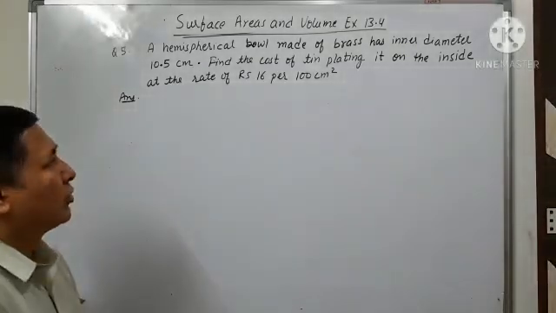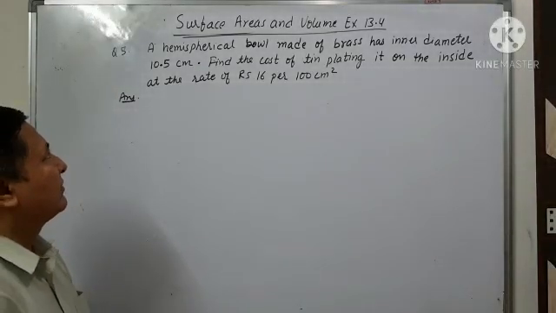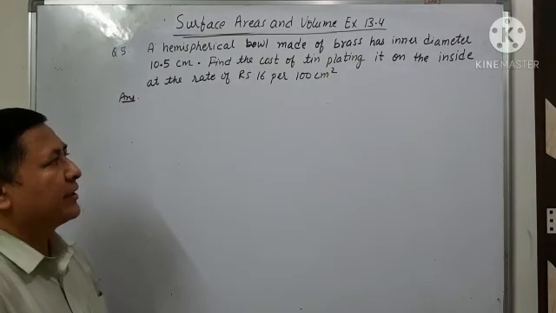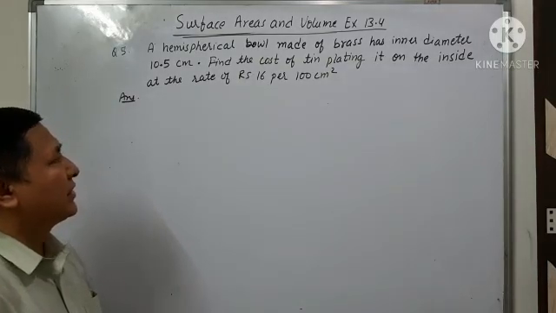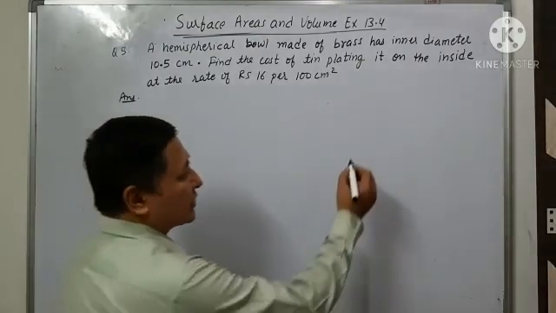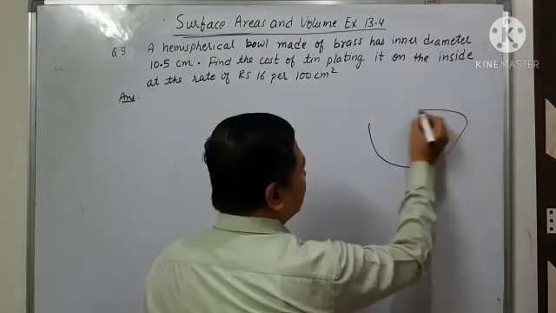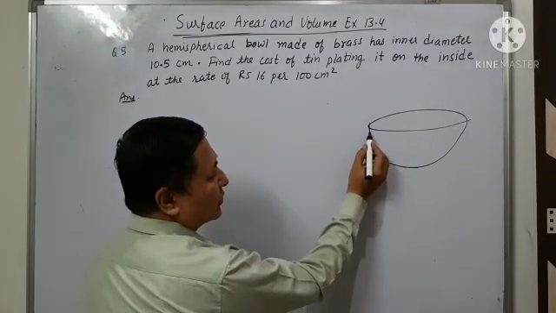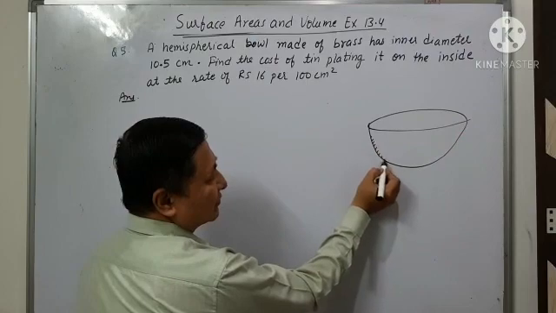Now let us solve question number 5. A hemispherical bowl made of brass has inner diameter 10.5 centimeter. Find the cost of tin plating it on the inside at the rate of rupees 16 per 100 centimeter square. In the question it is given that a hemispherical bowl made of brass is to be tin plated inside.